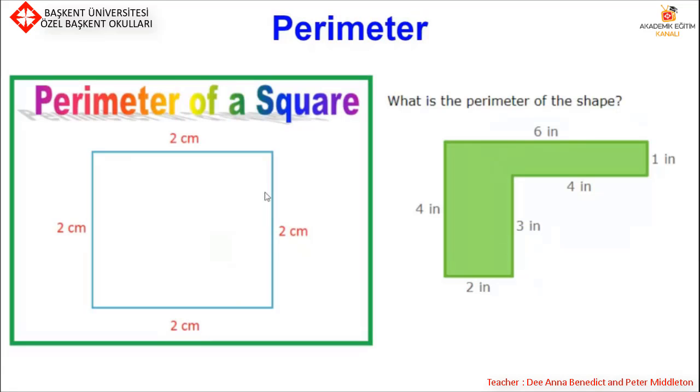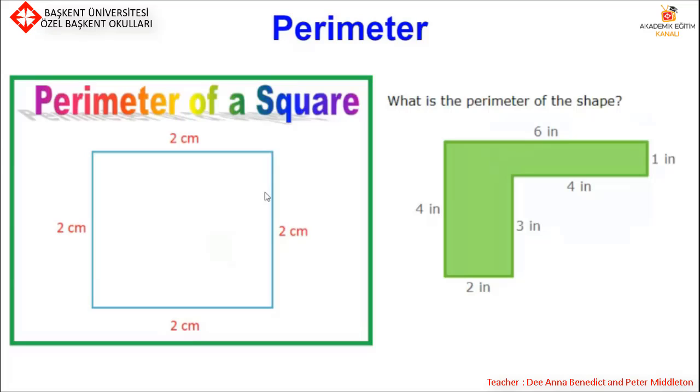Now we have the perimeter of a square, and how can we find the perimeter? We can count how many centimeters or meters or different measurements it takes to go round the shape. So you can see the square has the same size for each side.